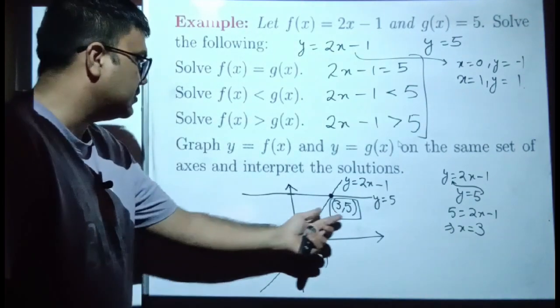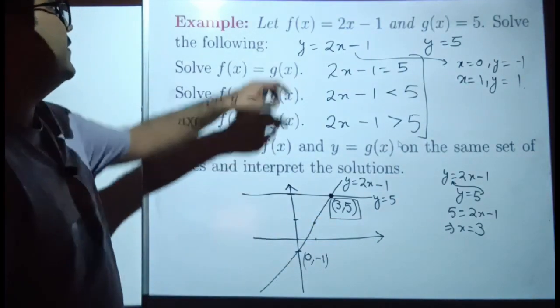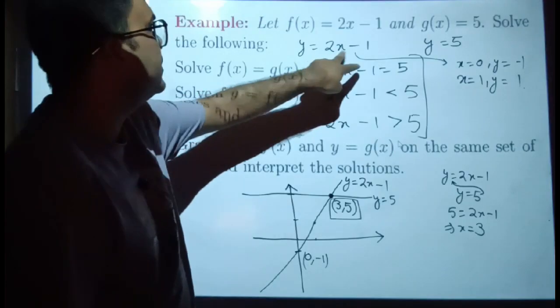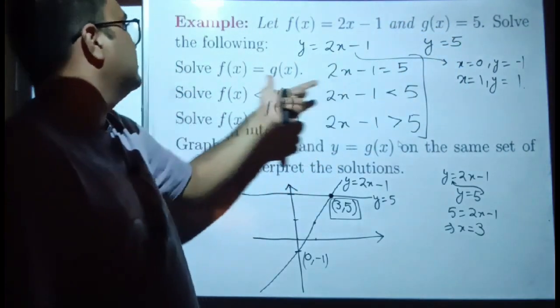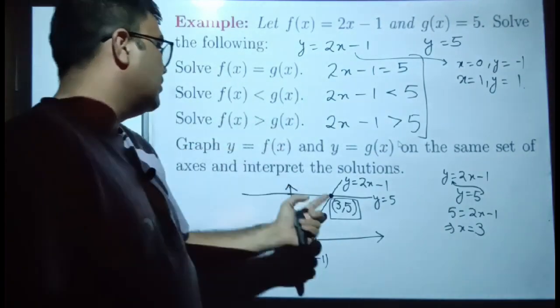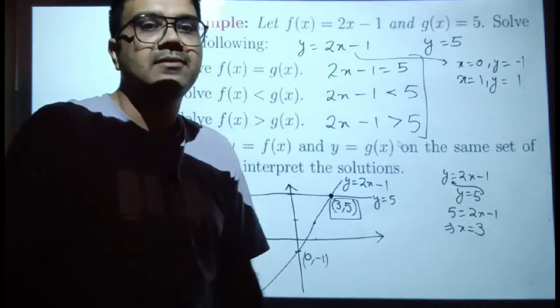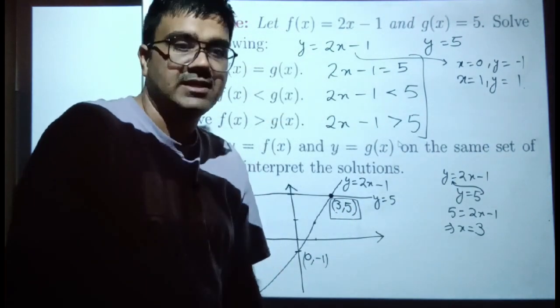We have two equations, y equal to 2x minus 1 and y equal to 5. When we talk about f(x) equal to g(x), these two values are equal only at the point (3, 5).